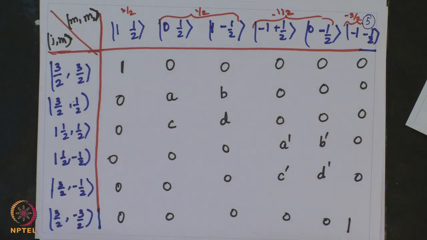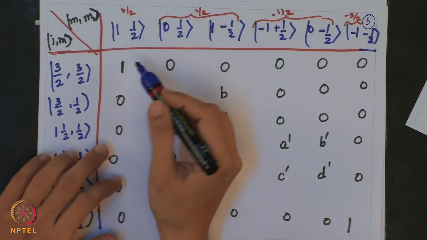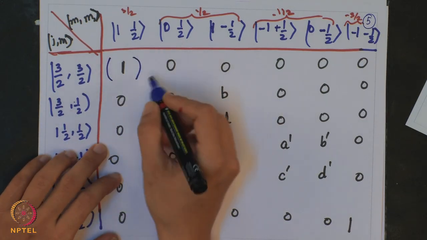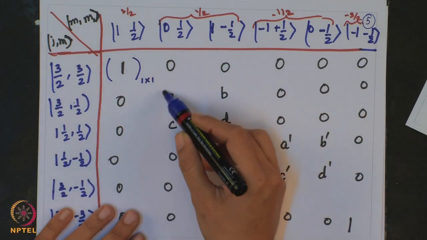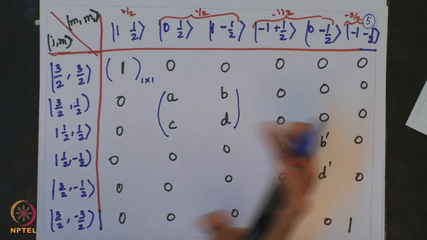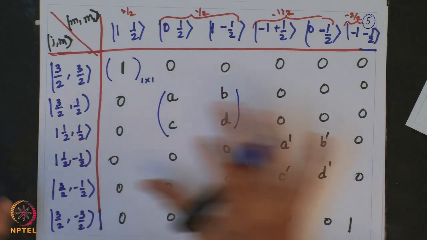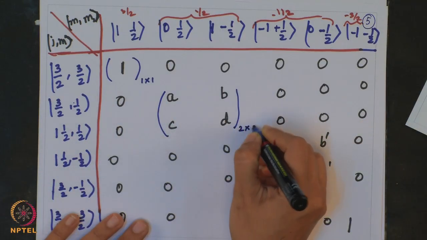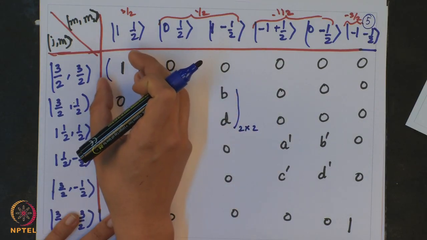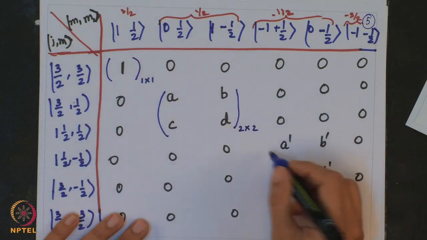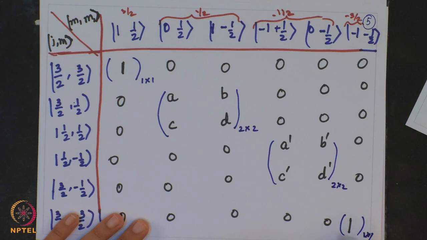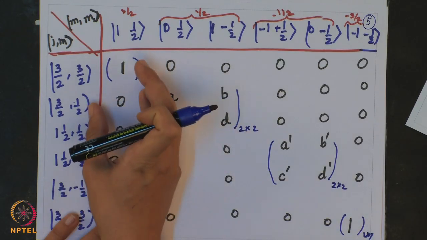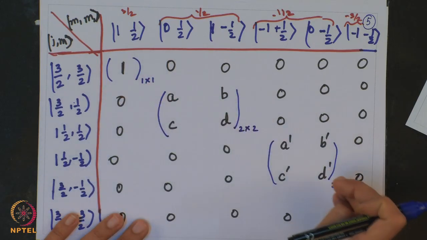But before we go to anything, let us see that this is a 1 cross 1. Very neatly you can see the table can be compactified as well as spread out as this is 2 cross 2. So you have a block diagonal form 1 cross 1, 2 cross 2, here you have again 2 cross 2 and here you have 1 cross 1. So this is a matrix 1 plus 2 plus 2 plus 1.